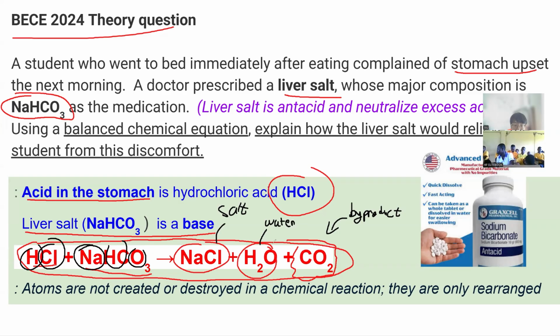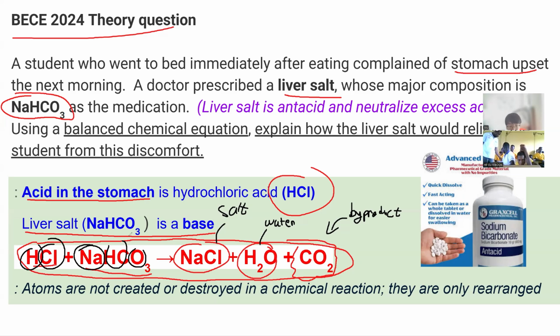There can also be a byproduct of, let's say, carbon dioxide gas or any other things. But the main purpose of this question is that you know how to set up a neutralization reaction. You know how an acid combined with a base turns into salt and water.